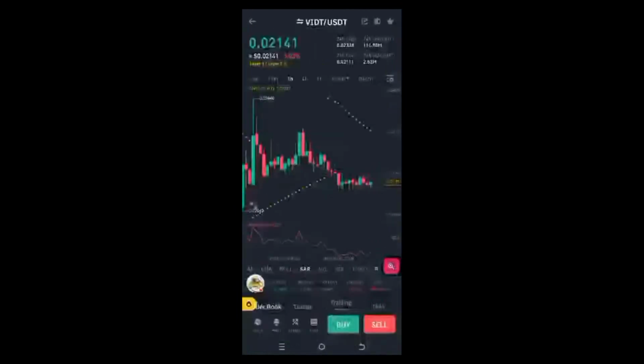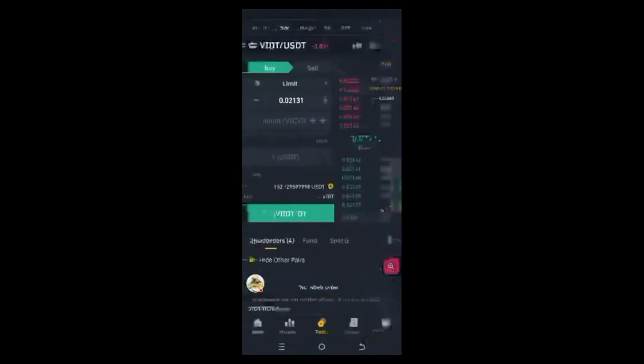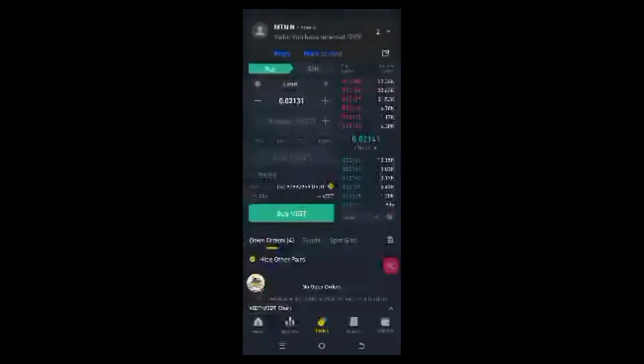But anyways, that's a story for another day. We are currently out of the trade. Beautiful. So VIDT, good one. We made $1.05 minus the fees. We actually made $1, which is 2%.